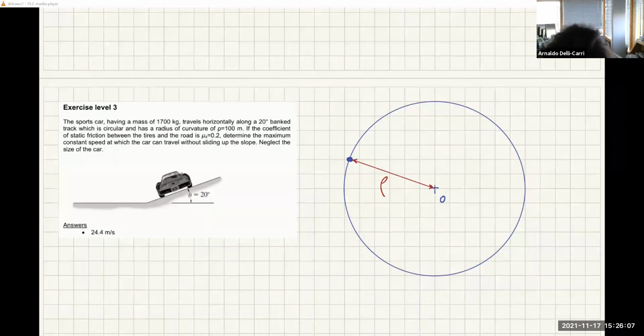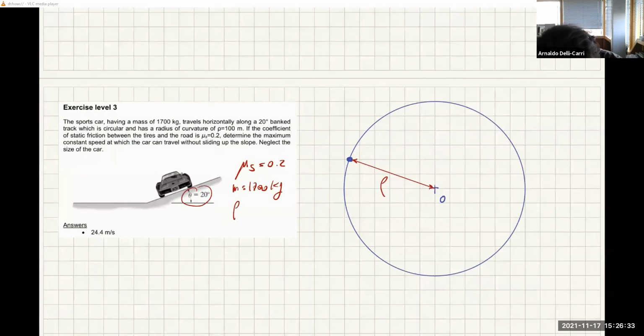The coefficient of static friction is μs, 0.2. The mass of the car is 1700 kilograms. Theta is 20 degrees.